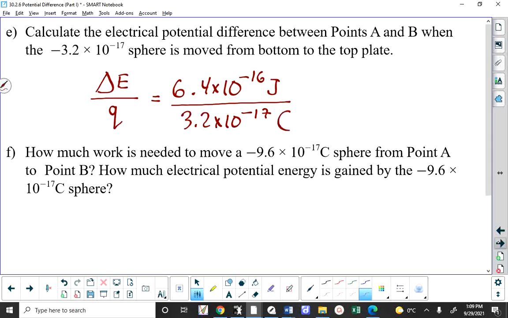Just like with Coulomb's law, you would never put a negative into any formula for charge. So we're going to divide that and get what I believe is 20. But I'll give you a second to do so.